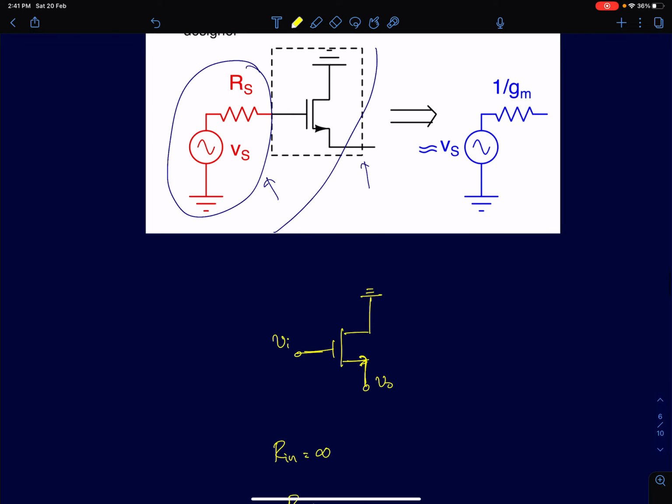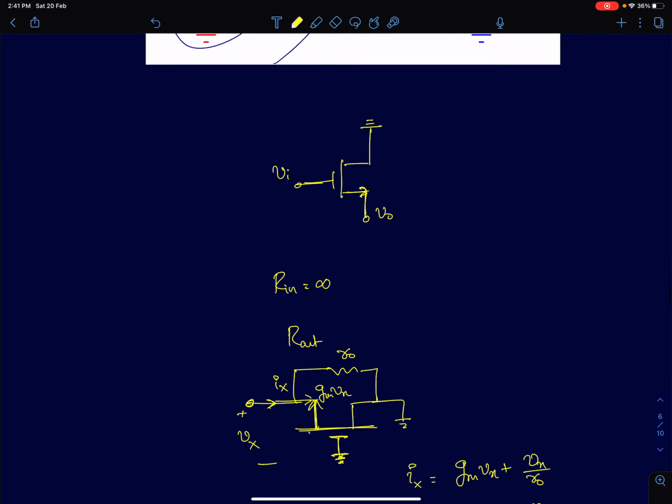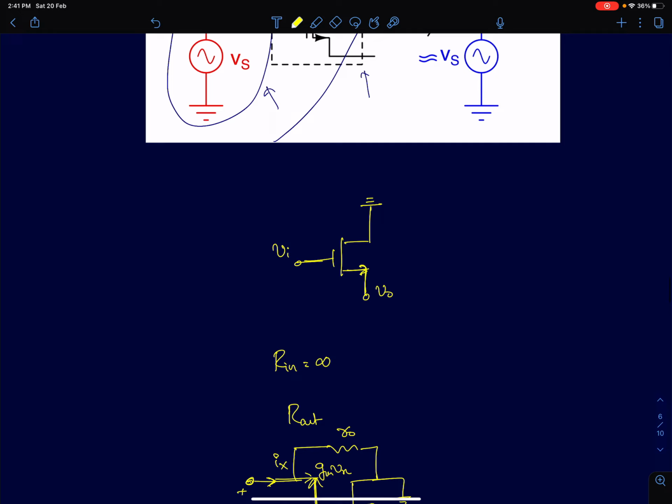Now finally, I will finish the discussion on common drain amplifiers by taking R0 into account. So far, we analyzed the ideal common drain amplifier without channel length modulation, and we also discussed the applications of a common drain amplifier, where it is used.